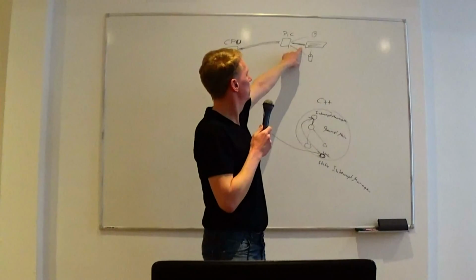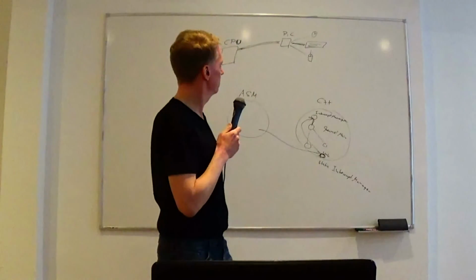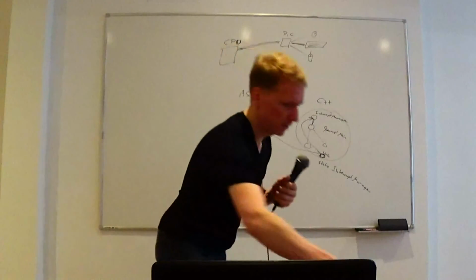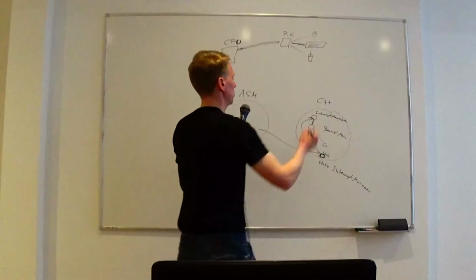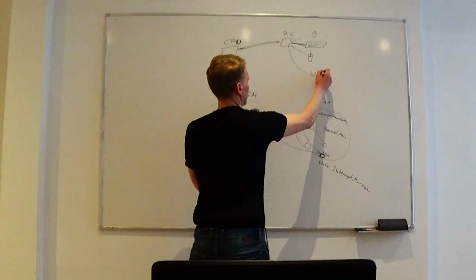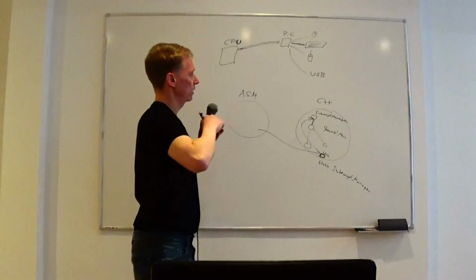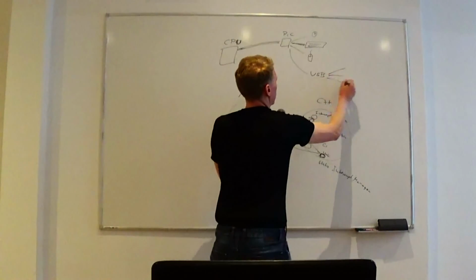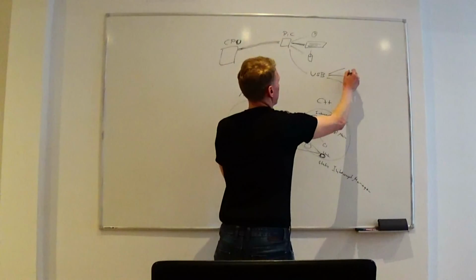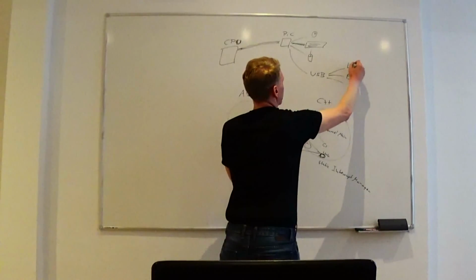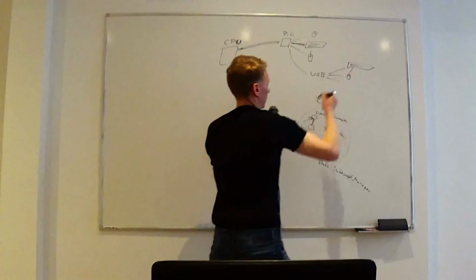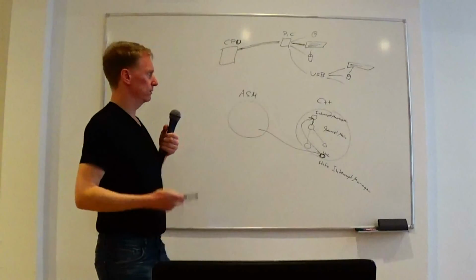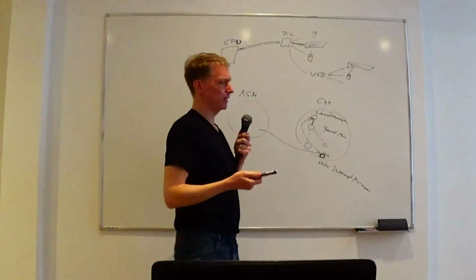PS2 connections would be directly connected, but on actual hardware you have your USB ports, and then you have your mouse there and your keyboard there. And this scenario you cannot handle right now.